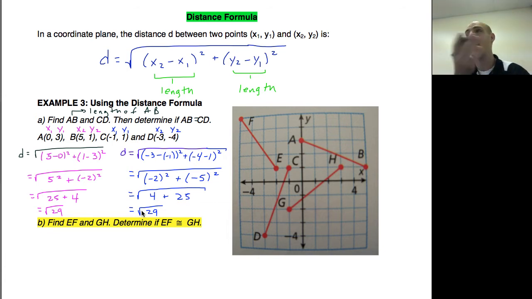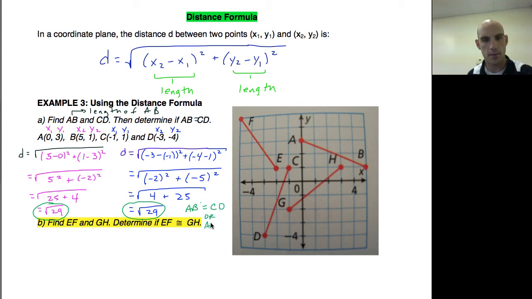Now notice, I didn't have to actually find the square root of 29. And I can see that even though I didn't find the square root of 29, I know that these two are the same length. So AB equals CD, or AB, the segment, is congruent to CD, the segment.